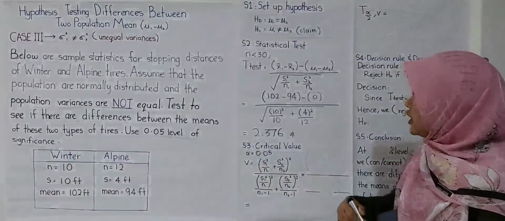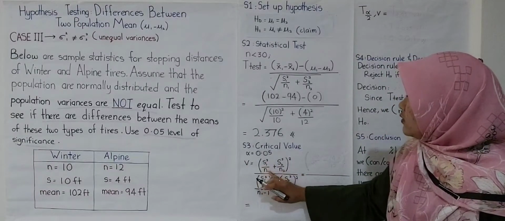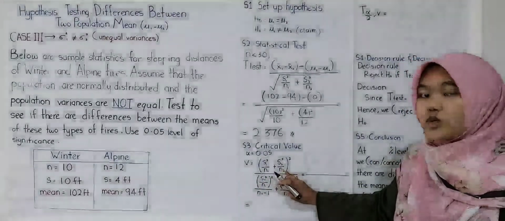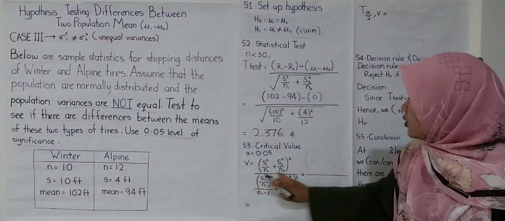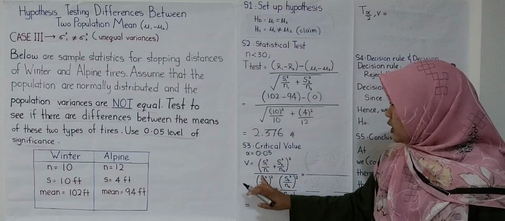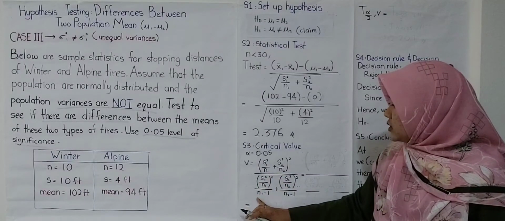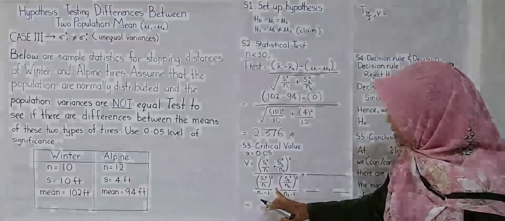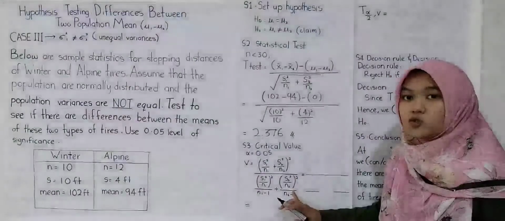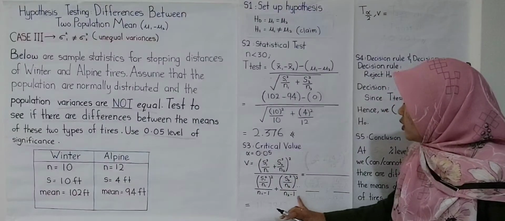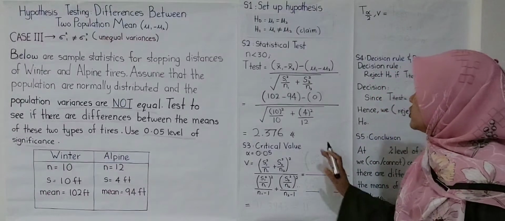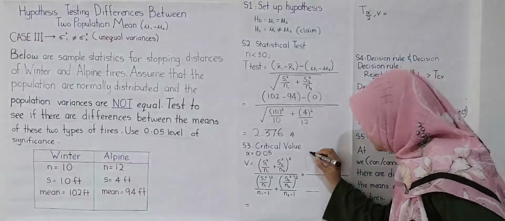The formula is standard deviation 1 squared over sample size 1 plus standard deviation 2 squared over sample size 2, bracket squared, over standard deviation 1 squared over sample size 1, bracket squared, over sample size 1 minus 1, plus standard deviation 2 squared over sample size 2, bracket squared, over sample size 2 minus 1.